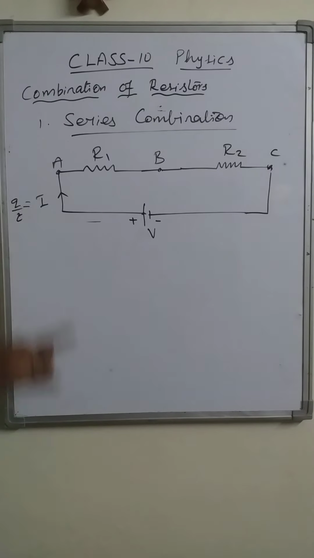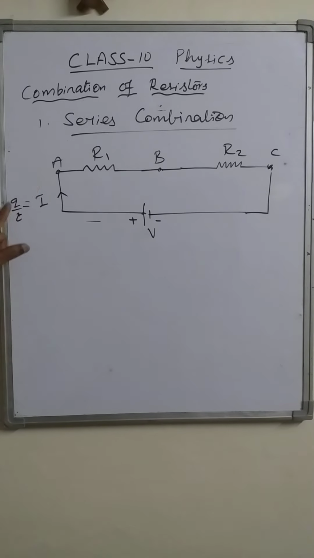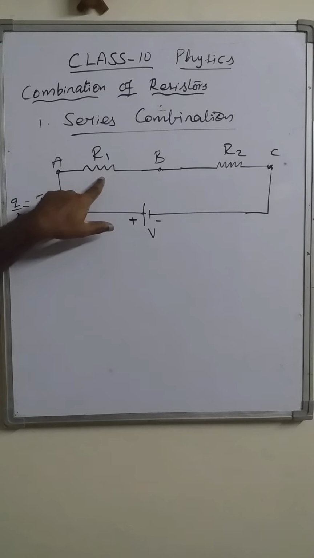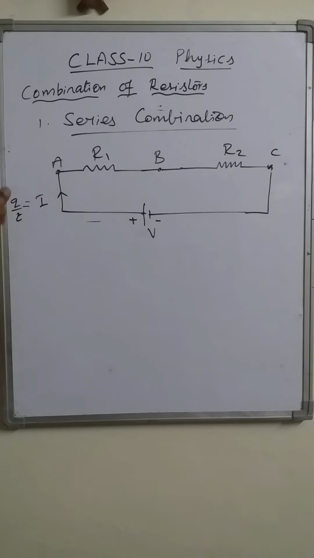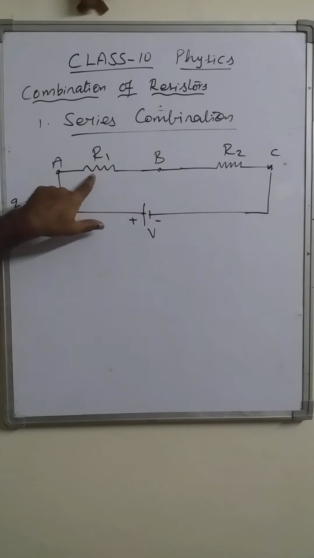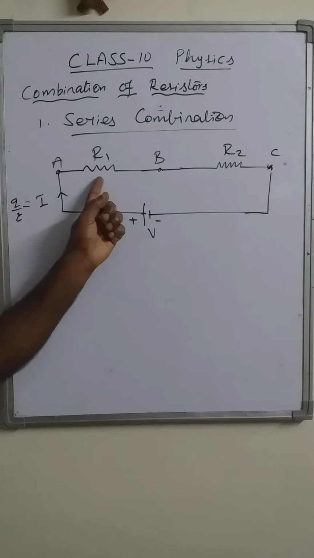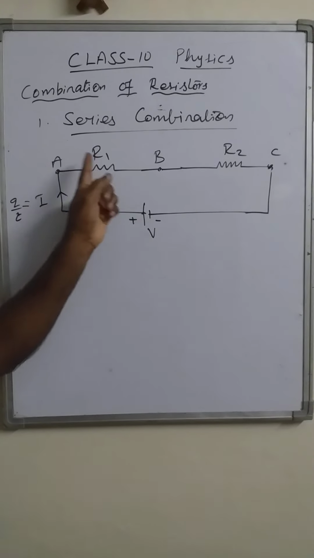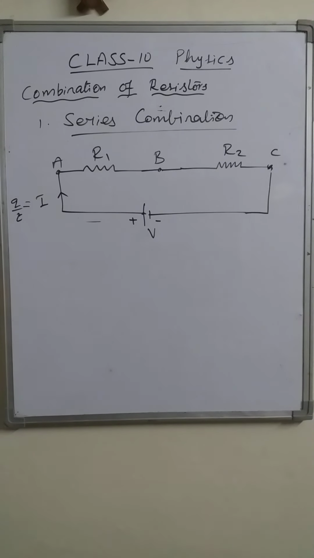So from the point A to B, the charges have to cross the resistance R1. While crossing R1, it gives opposition. Against this opposition, the battery has to do the work.